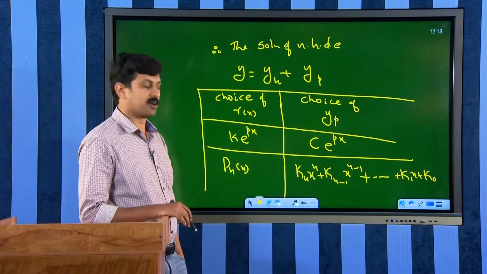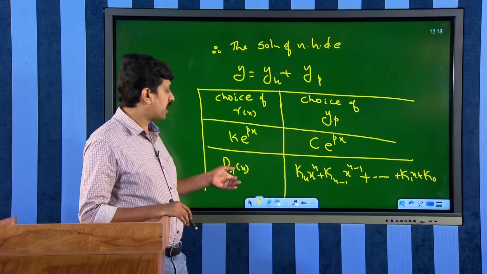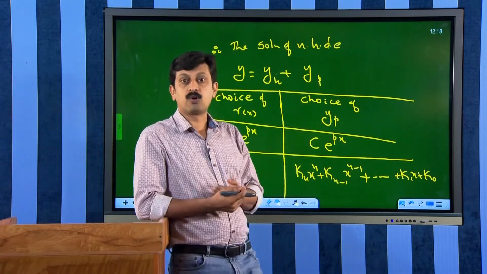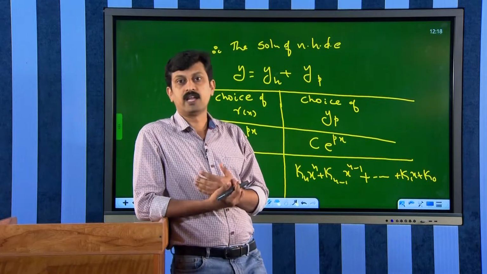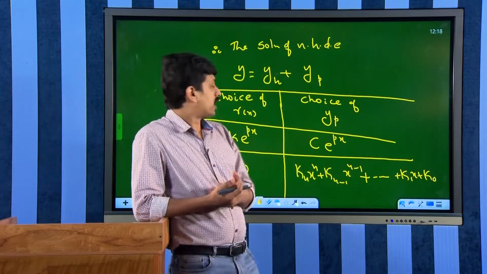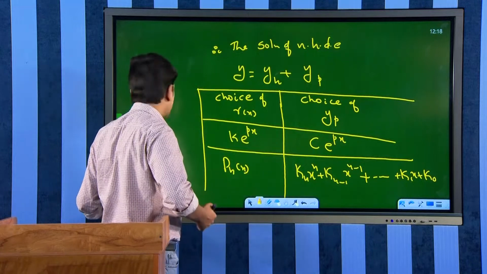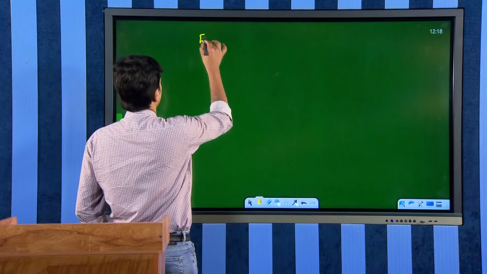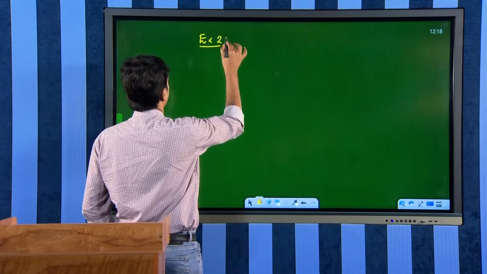That is because r of x, the non-homogeneous part, is an nth degree polynomial. We discussed a question in the last session, and we can move to the next question.